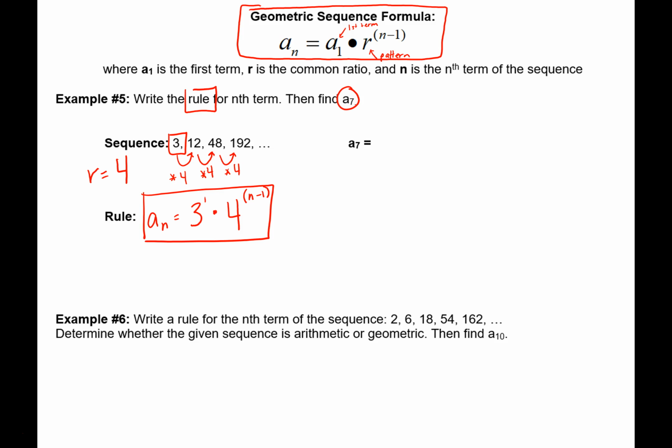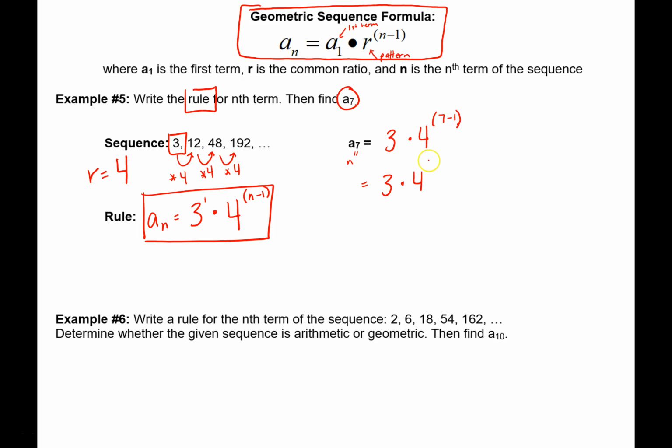All right, so now with that, let's find a sub 7. Remember, 7 is what n is equal to. So we're going to have 3 times 4 raised to the 7 minus 1, using that rule we just created. Now for this, I'm going to follow order of operations and do my exponent first. I'm not going to multiply together 3 times 4.